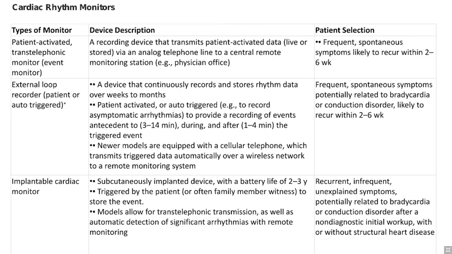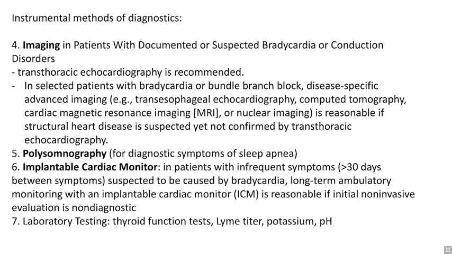For ambulatory rate monitoring, we use some devices. It may be a standard Holter, but maybe some loop recorders, maybe an implantable cardiac monitor. For months, we can implant this monitor to diagnose problems with rhythm.